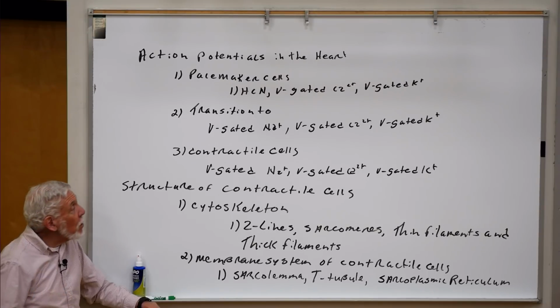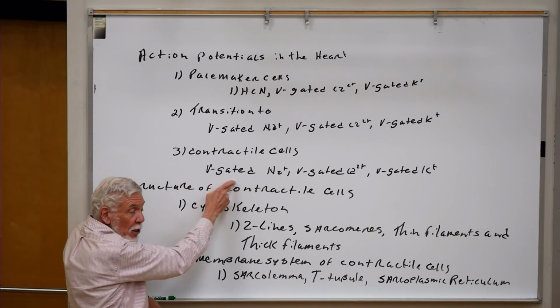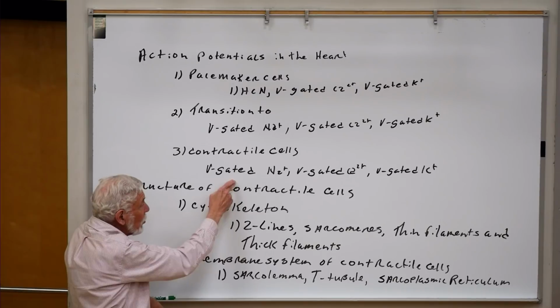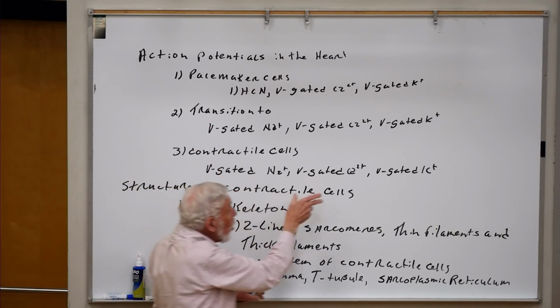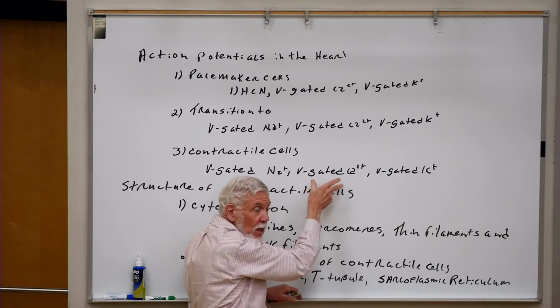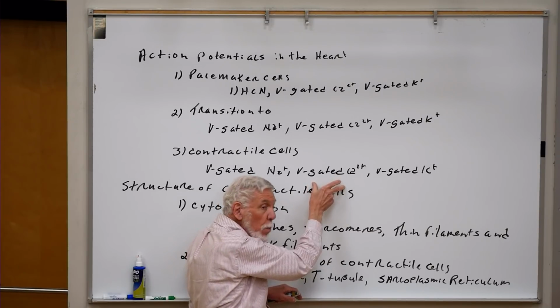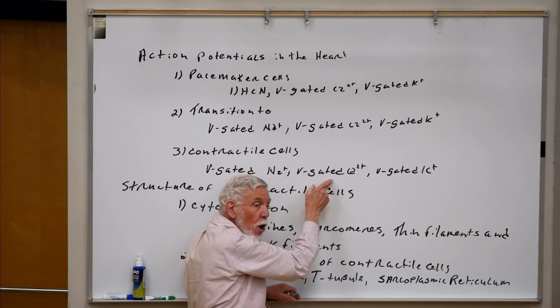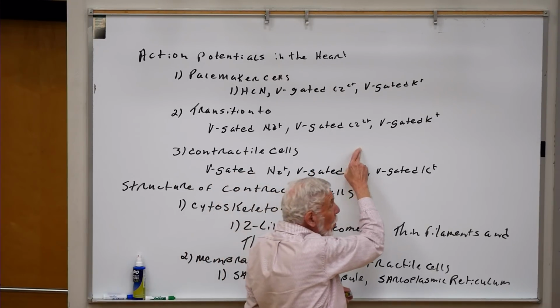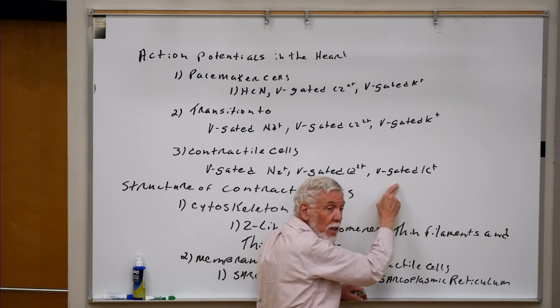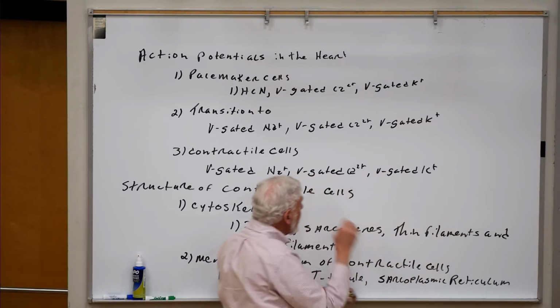It's initiated by a depolarization of voltage-gated sodium channels, which is rapid. There's that depolarization, and that depolarization is sufficient to open the voltage-gated calcium channels. The voltage-gated calcium channels now remain open for quite some period of time, so there's this long plateau phase where the calcium is coming in. And then that depolarization triggers the opening of the voltage-gated potassium channels to repolarize the membrane.